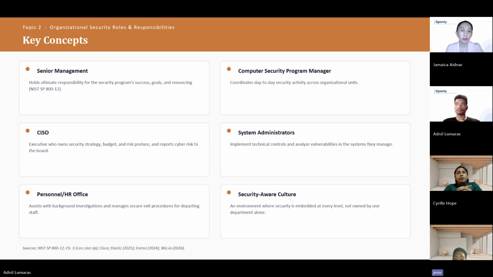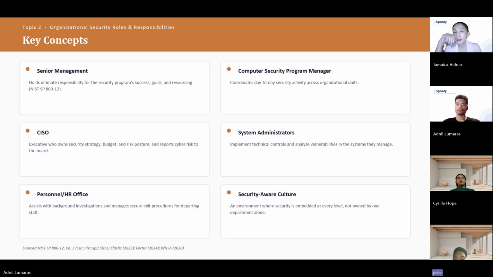So below senior leadership, many organizations designate a computer security program manager to run day-to-day coordination across departments, someone who translates the board's priorities into the actual working program, and who serves as the point of contact between technical teams and organizational leadership.